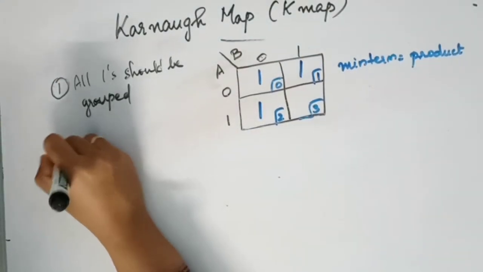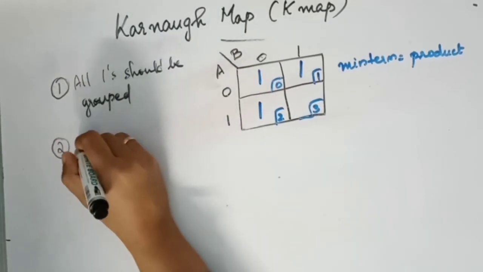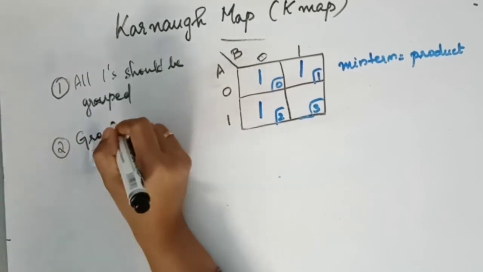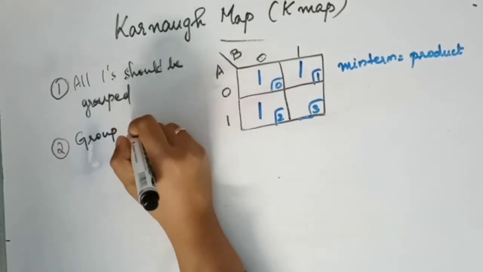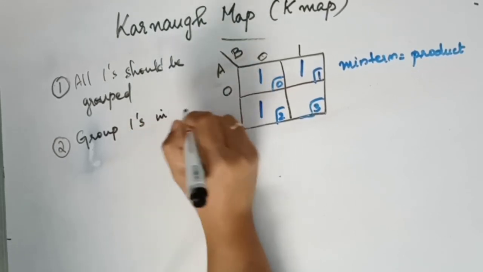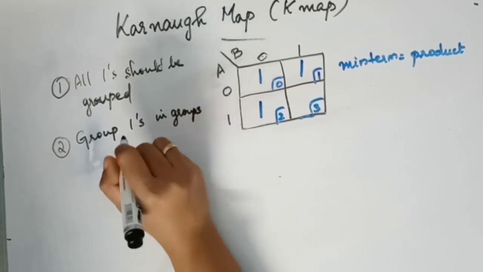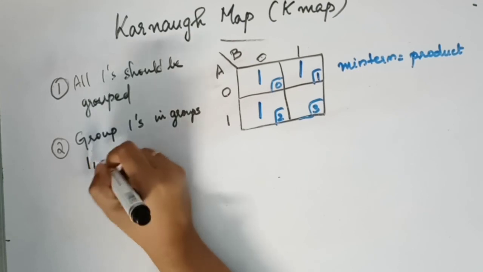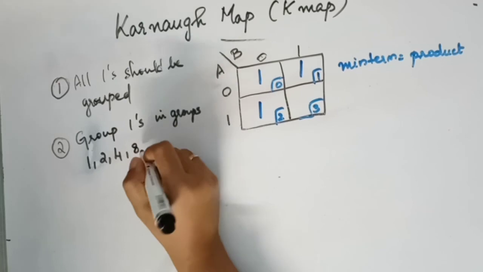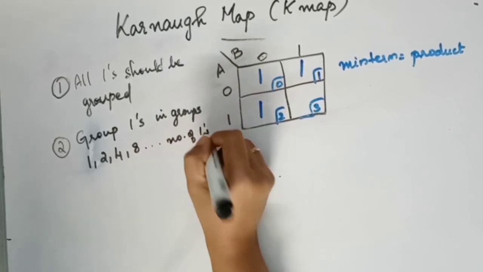Now, second is, how do you group? You can group ones in groups of, that is, inside a group you can have 1, 2, 4, 8, etc. number of ones.